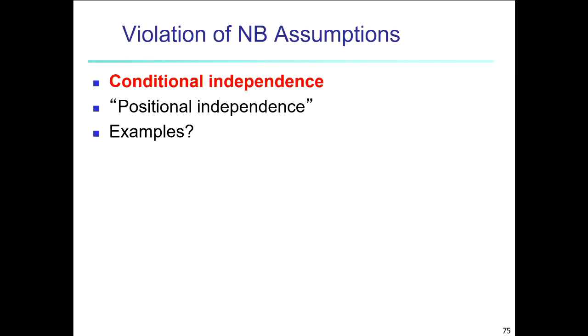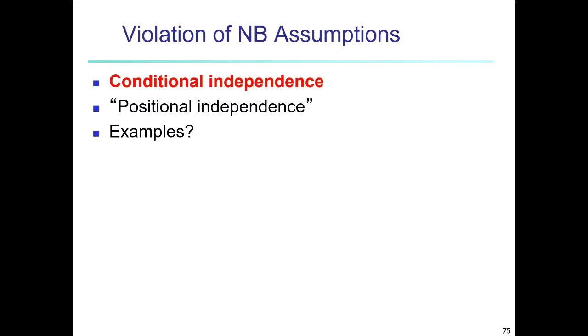So when we use naive Bayes models, we need to remember that we have made some assumptions, which is the conditional independence between the features. But these assumptions do not always hold. In text classification problems, this conditional independence is most specifically positional independence.